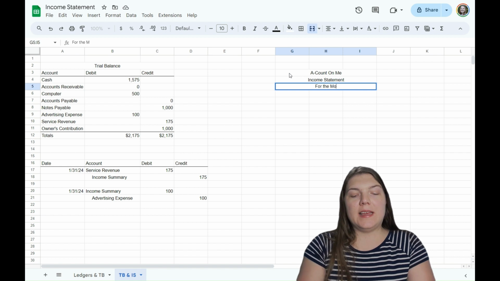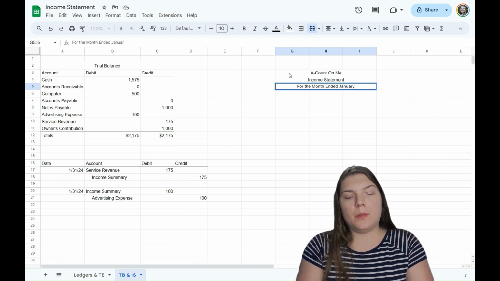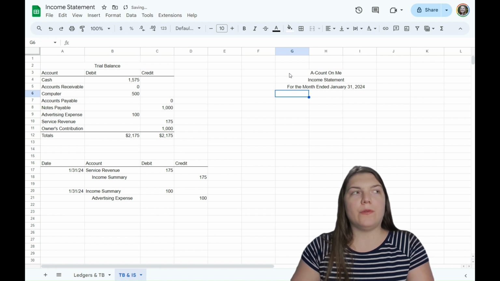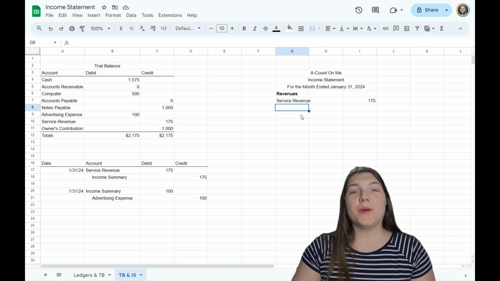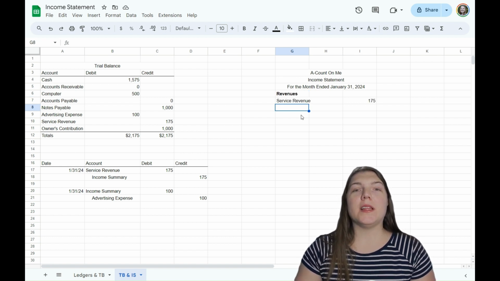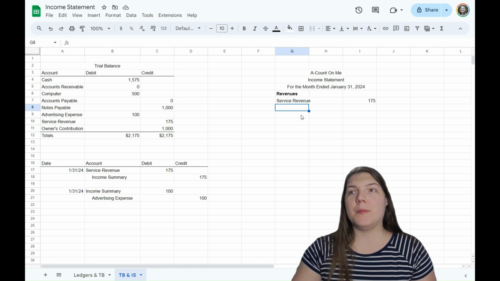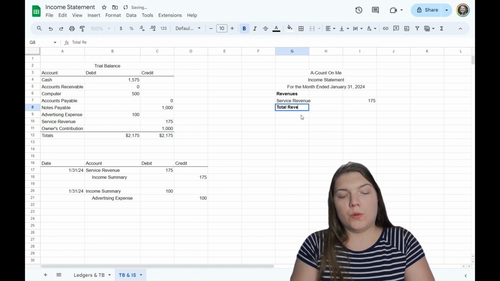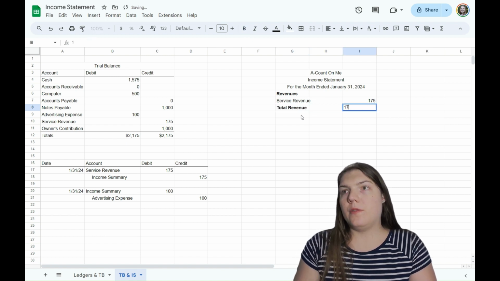And in this case, it's for the month ended January 31st, 2024. We start with our revenues as the header, and then we list all of our revenues underneath it. In this case, we just have the one revenue, service revenue, so that goes up top with 175 as our number. And then we total it for total revenue of 175.